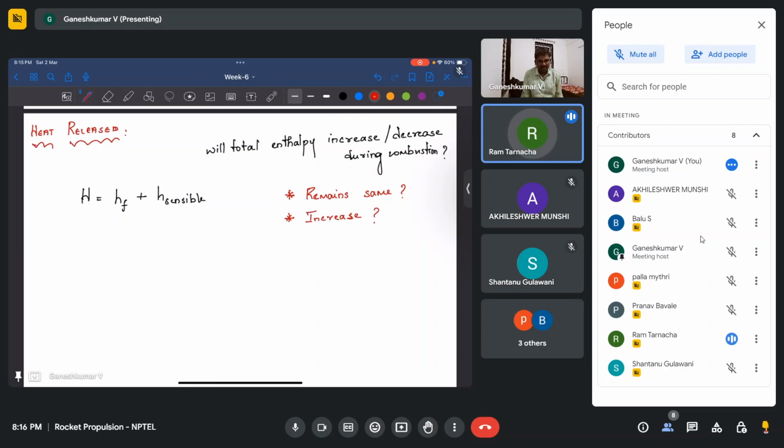Heat is given to the atmosphere. Now there is a rise in temperature. Rise in temperature indicates that enthalpy increases as well. Okay, I will soon come back to that, so long as it is an external reaction.